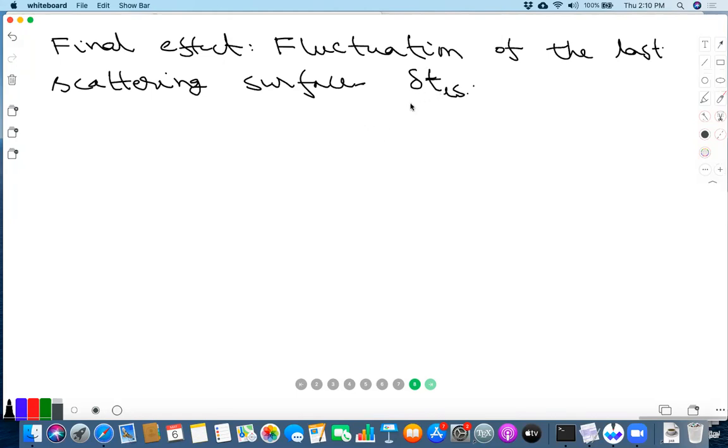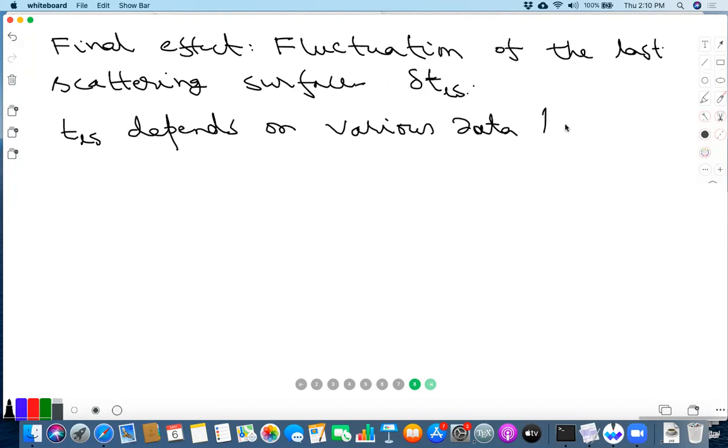Now, why should it fluctuate? It fluctuates because we have seen that the time of last scattering, TLS, depends on various data, like the photon temperature, clearly, because photon temperature has to come down for enough hydrogen atoms to form.